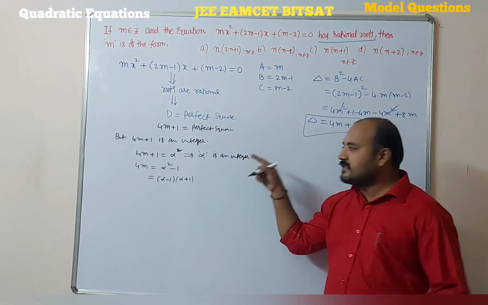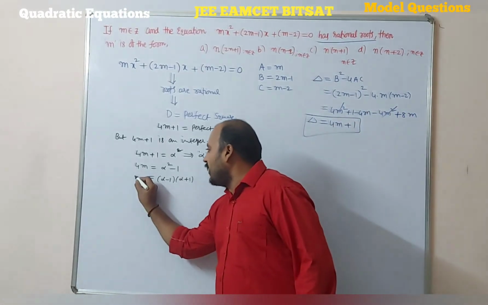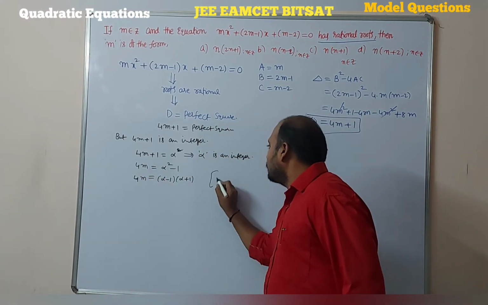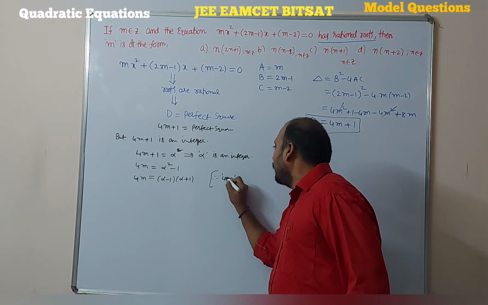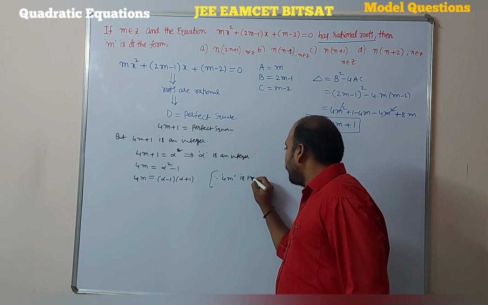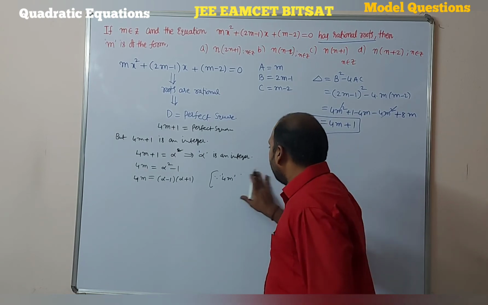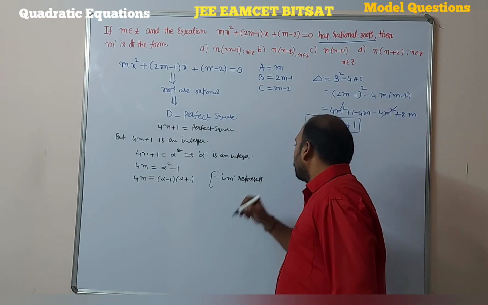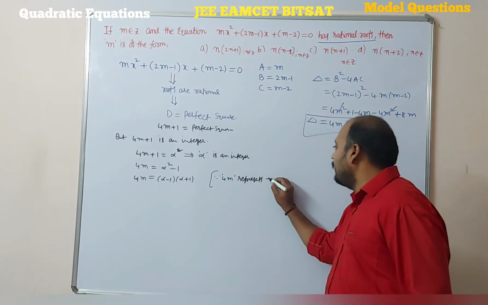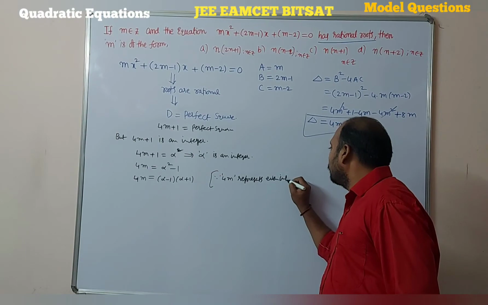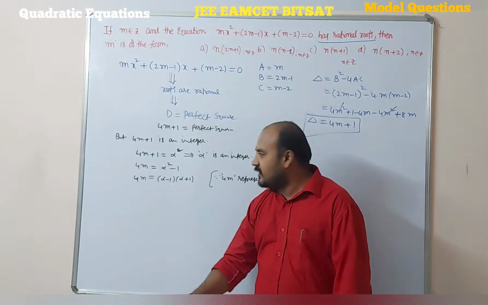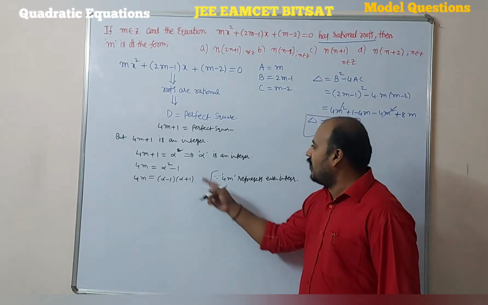Whenever alpha is an integer, here 4m represents it is an even integer. Since 4m is representing here an even integer. Observe carefully, 4m is even integer. Alpha minus 1, alpha is an integer.